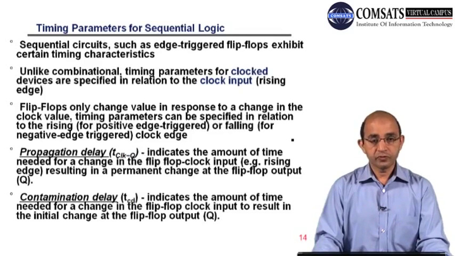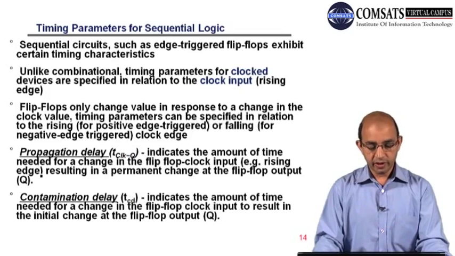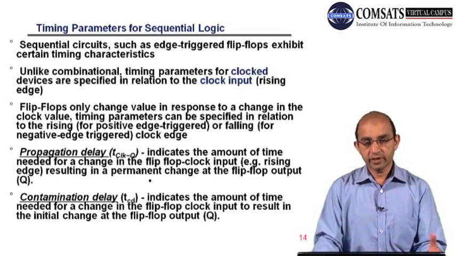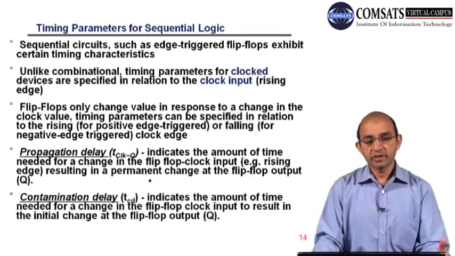For example, if you have the rising edge, you focus on the rising edge, and if we have the falling edge, we concentrate on the falling edge. Whenever there is a change in the clock, there should be a change in the output. After the clock changes, the output has to change, but there is no instantaneous change; there is a delay. That delay is normally called the propagation delay in case of the flip-flop.